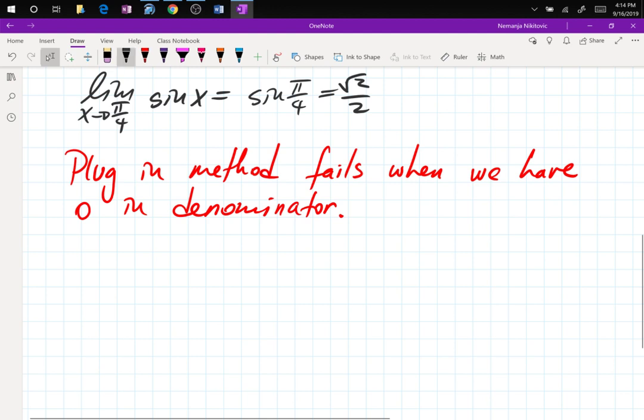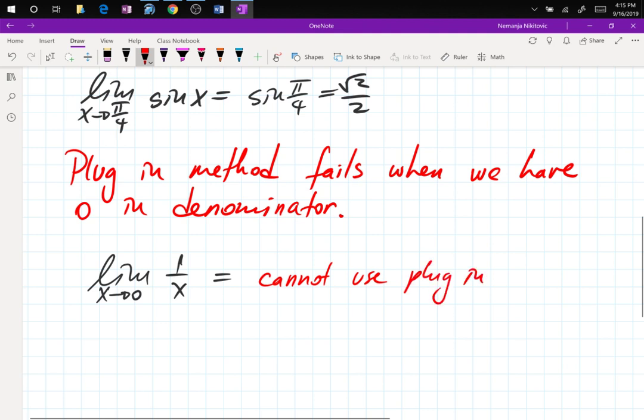So if you have the limit as x approaches 0 of 1 over x, well, you cannot use the plug-in method.